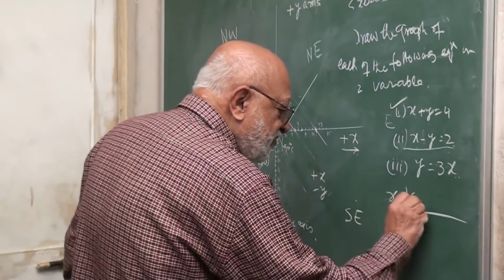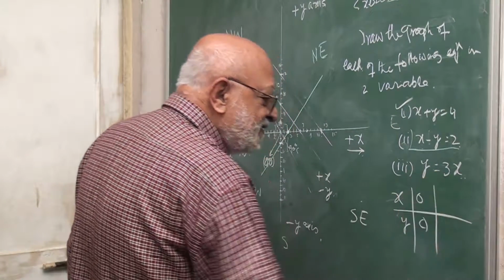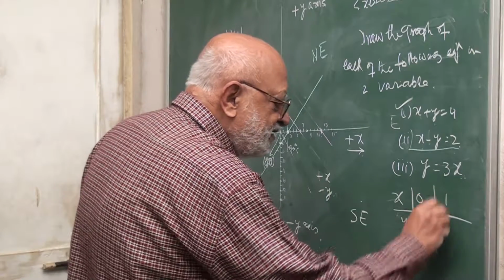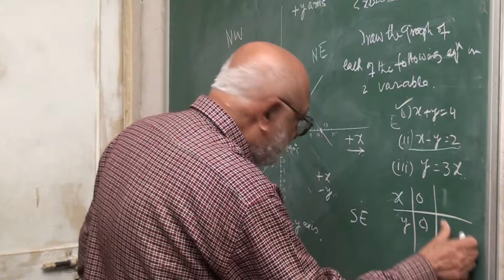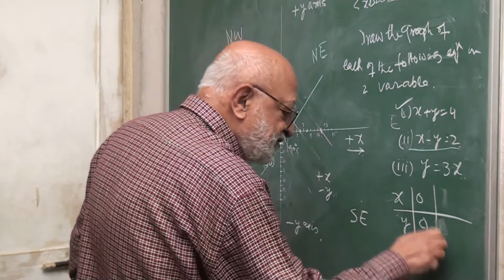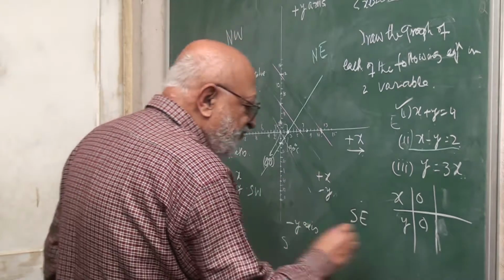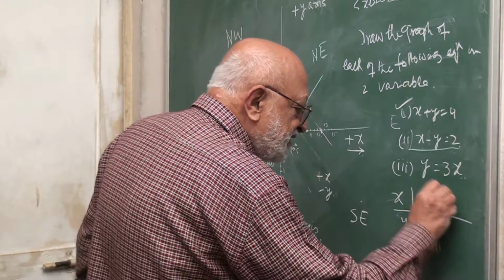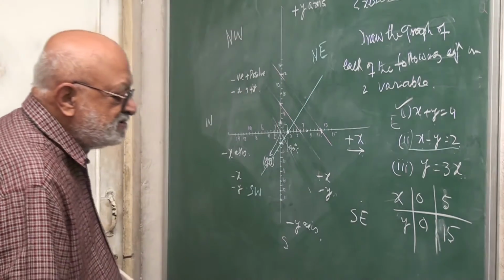X equal to 0, y equal to 0. X equal to 1, y equal to 3. Let's take a little bit larger one, because I will have difficulty in plotting it. I'll take x equal to say 5, then y equal to 15. Something I can play around with.